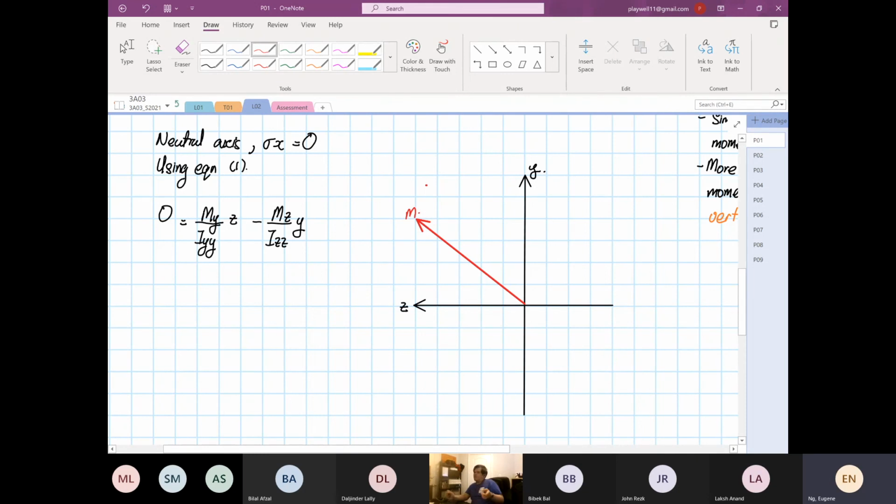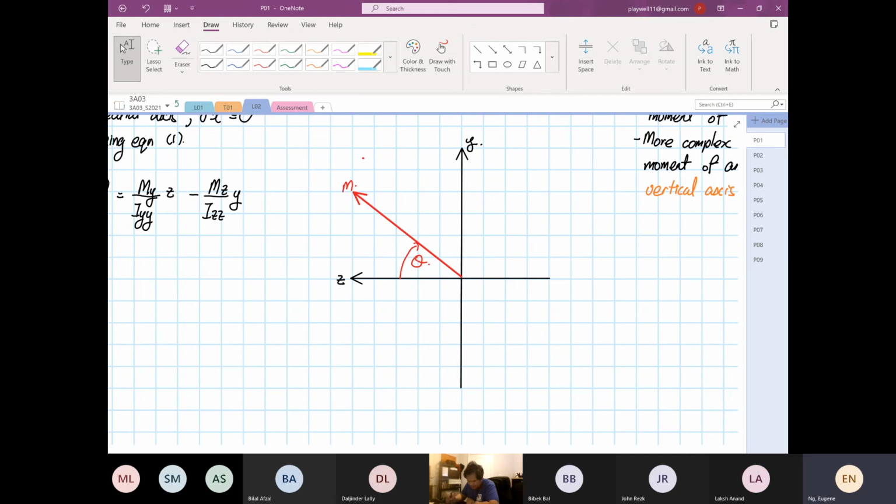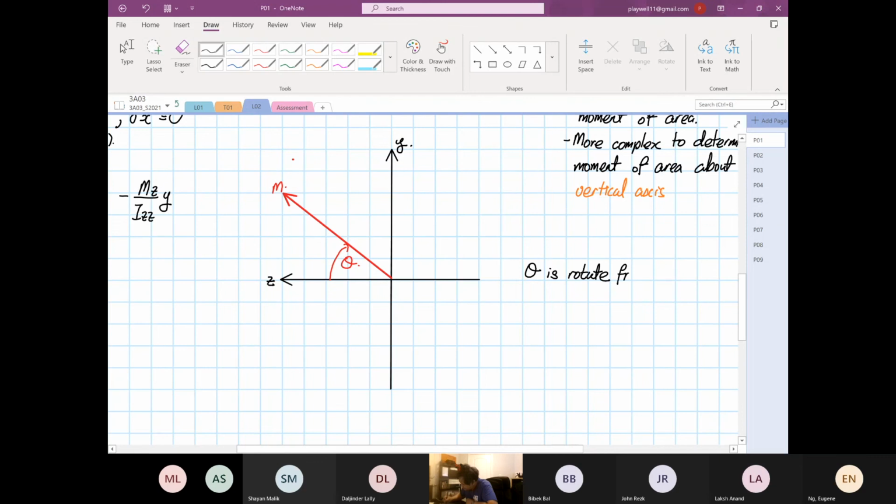Now the resulting moment is rotated starting from the z-axis, right? And it's rotated by an angle over here, which I call theta. Okay, so you can see theta. So I'm going to highlight. So the theta is rotated from the z-axis.